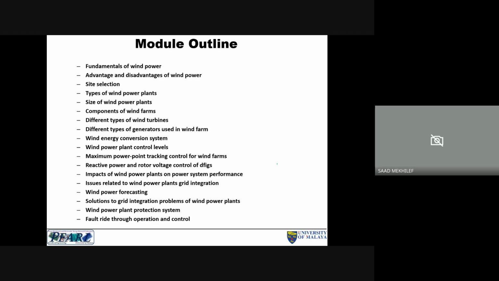Types of wind power plants, because there are a large number of them. Size of wind power plants, different sizes. The types of wind turbines, and then the types of generators used in wind turbines. Wind conversion systems, because the power from the wind has to go through a conversion system. Then power plant control levels, and maximum power point tracking again, but this time for wind farms.